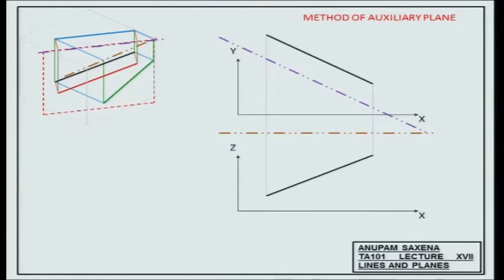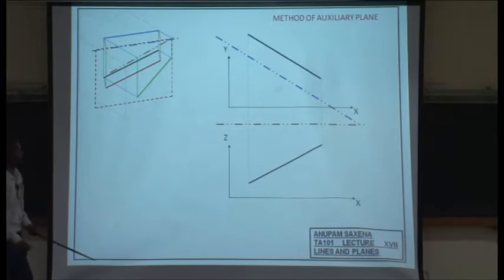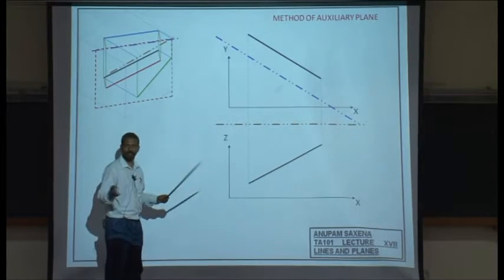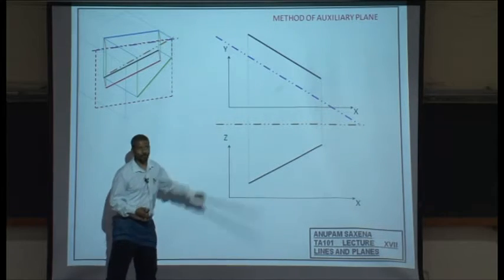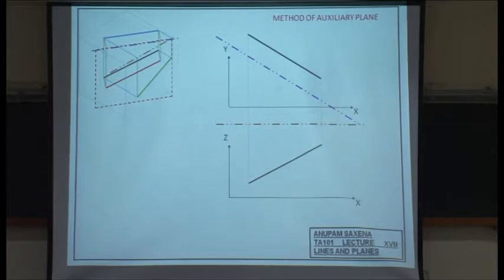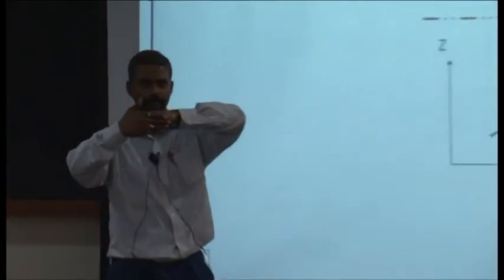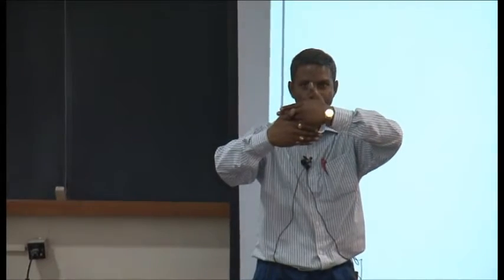So I draw this purple line here. Go back to your understanding about orthographic views. You have your front view here, your top view here. You just flip this over, don't you?